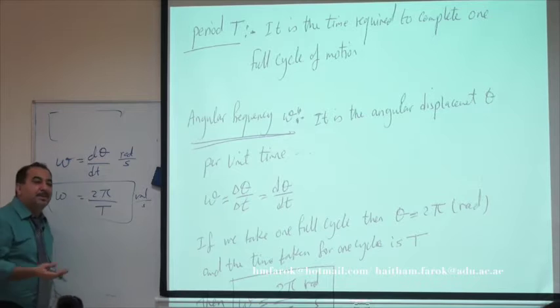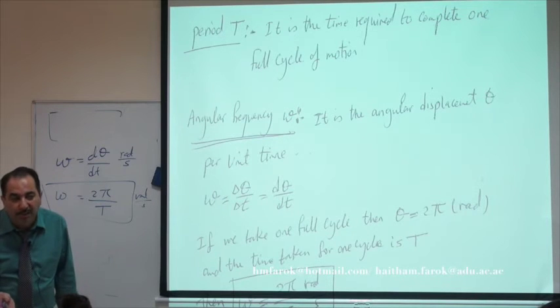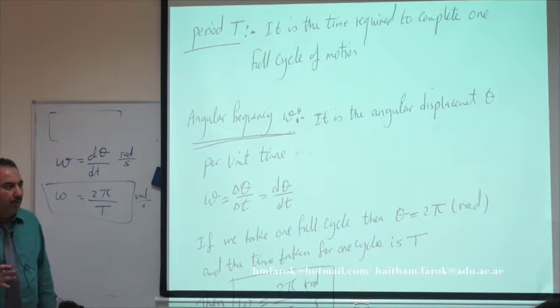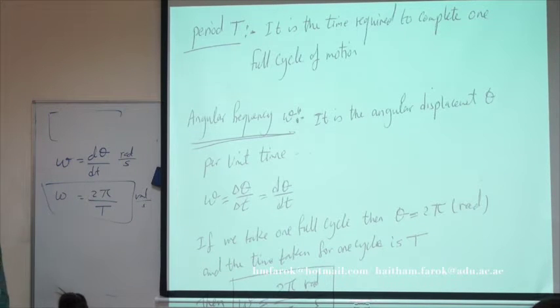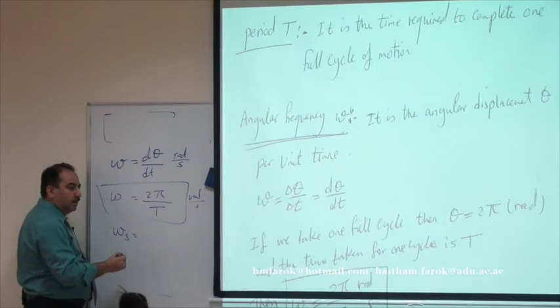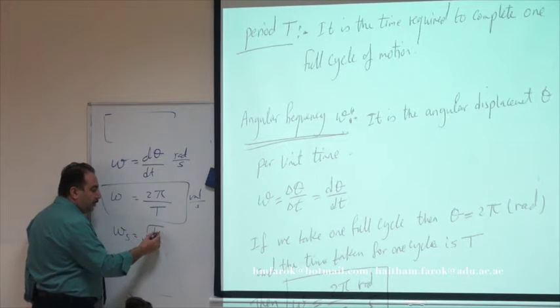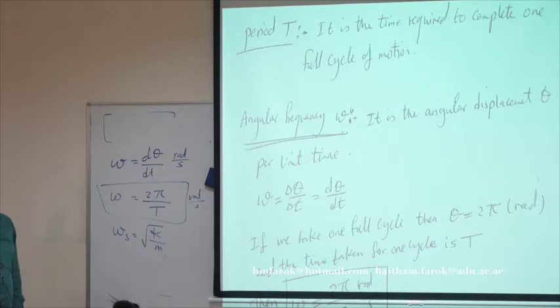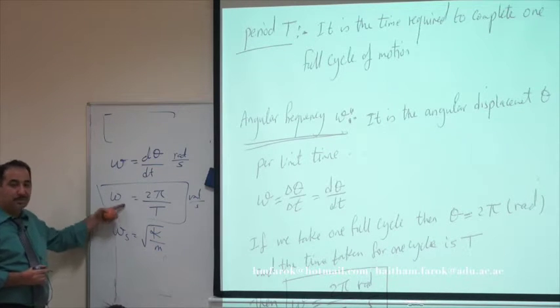This omega, is it for a spring, for a pendulum, or general? General. Okay. Now, if I have a spring, you remember when I used Hooke's law? What was omega s? We said it's root kappa over m. So now, can I combine those two?